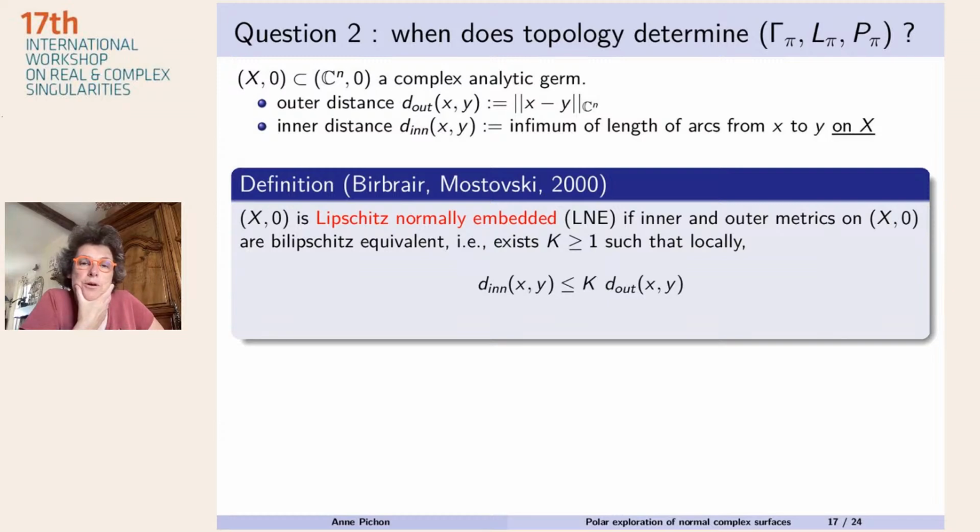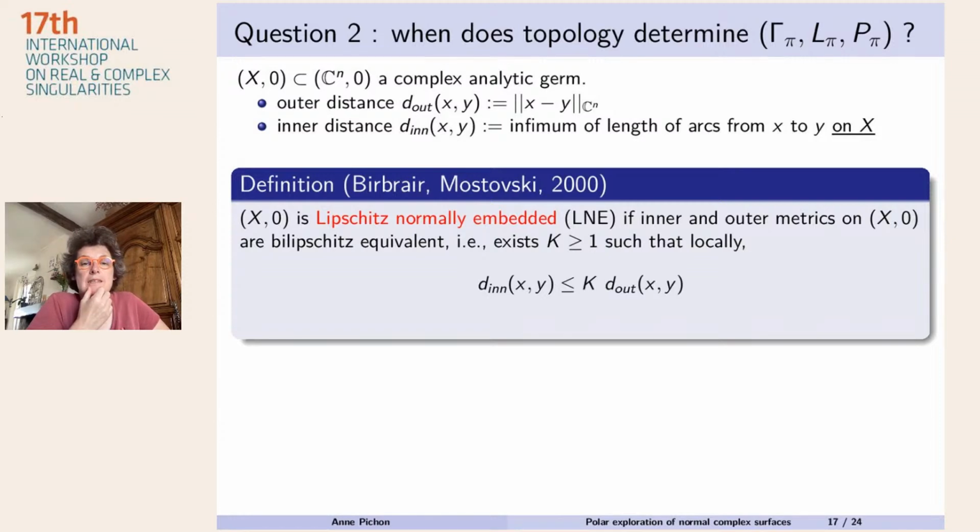So you start with a complex analytic germ X in Cn, 0, and you define on X 2 metrics. The first one is the outer distance on X, which is simply the restriction to X of the standard Hermitian distance of Cn.